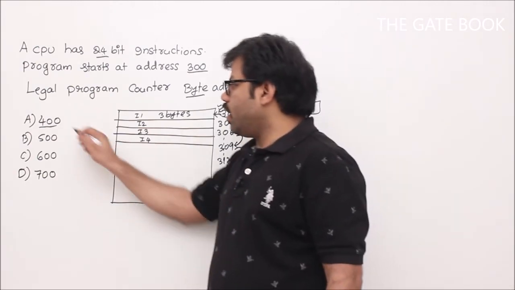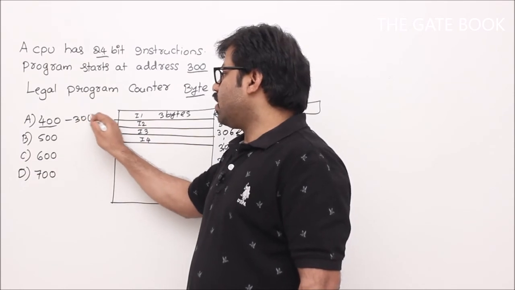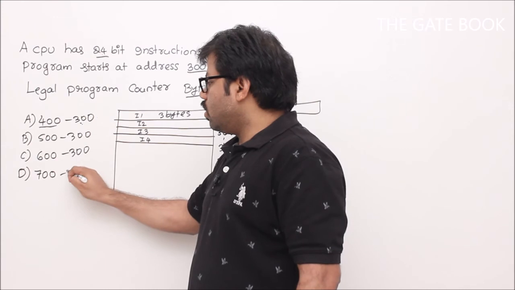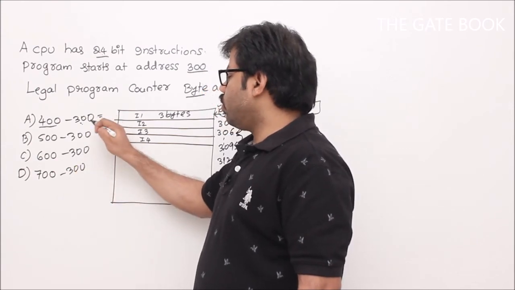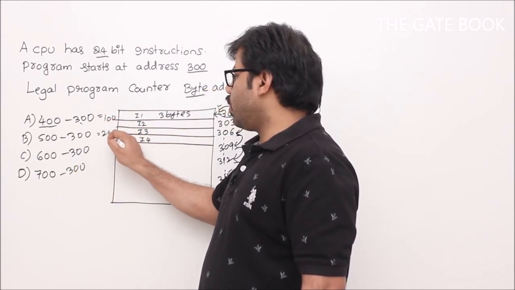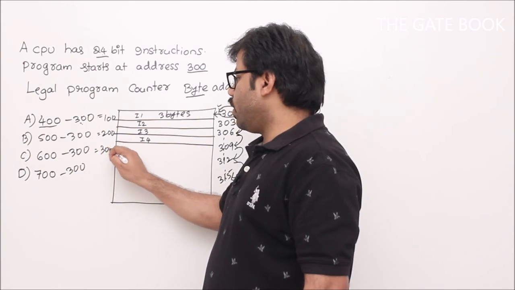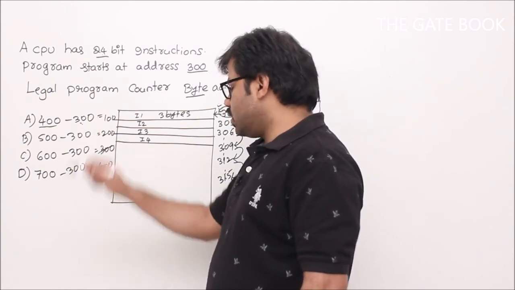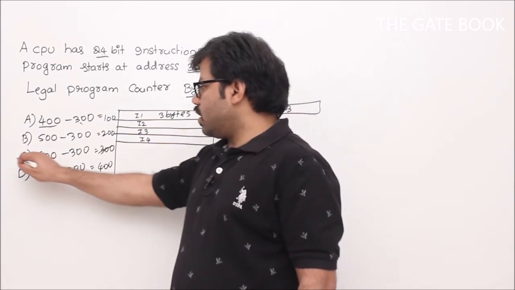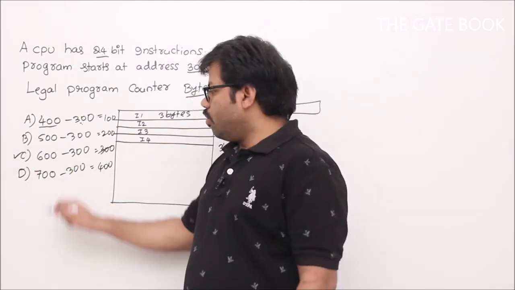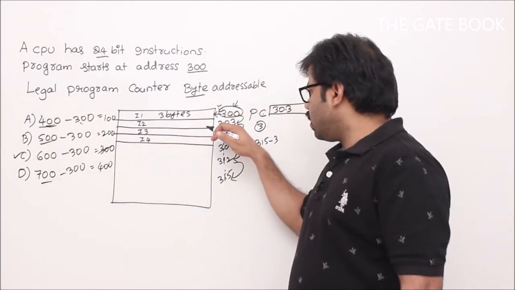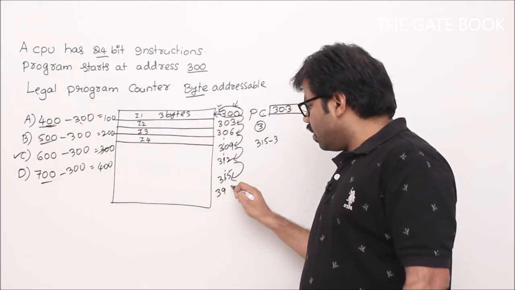So what you do is subtract 300 from everything in the options. Then here you get 100, here 200, here 300, here 400. Only 300 is divisible by 3, so 600 is the valid program counter, but not 700 or 500 or 400. Just check it out: 300, 303, and so on, you get 399, correct?